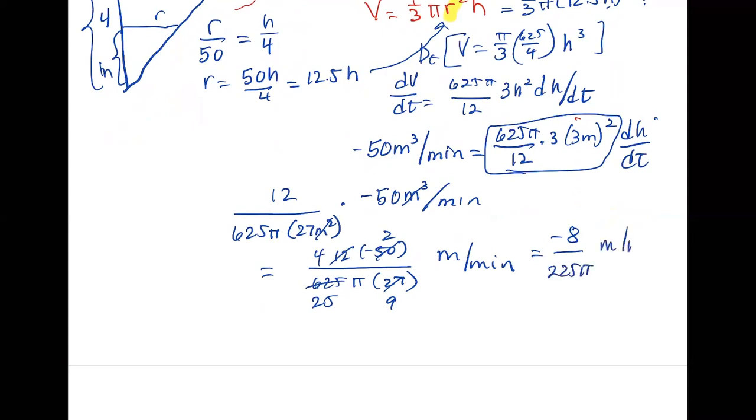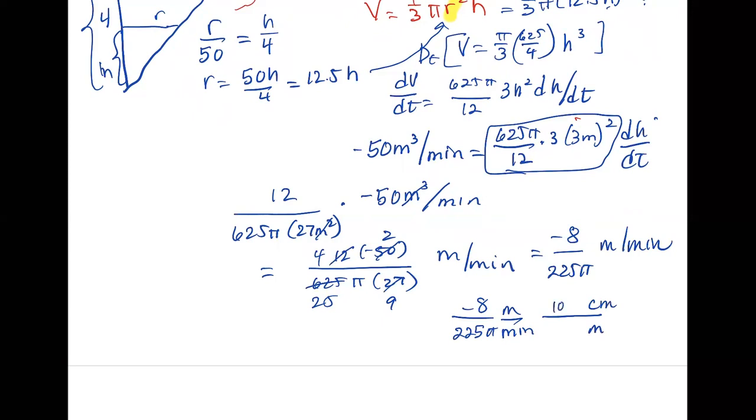pi meters per minute. But they did ask us for this in terms of centimeters per minute. So how many centimeters are in a meter? It's 100. So if I want to change this from meters per minute to centimeters per minute, I'm just going to multiply by a conversion factor that cancels the meters and leaves it in terms of centimeters.